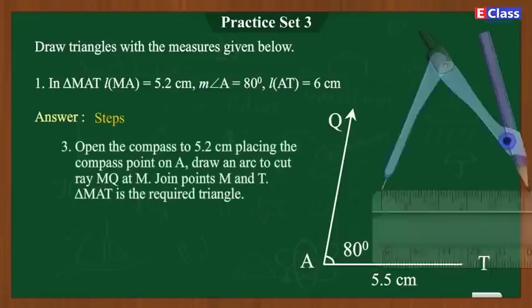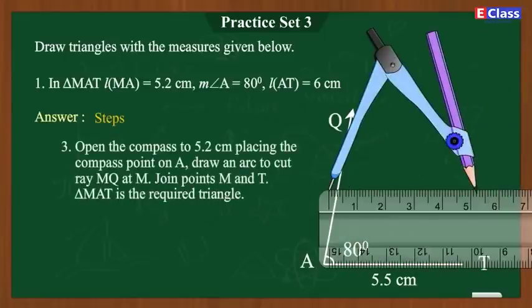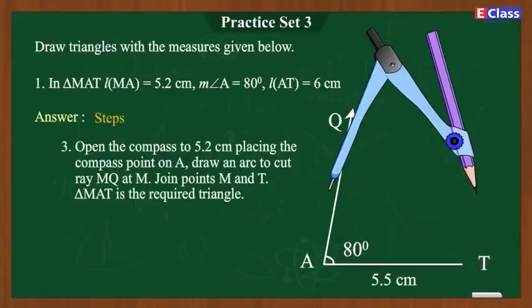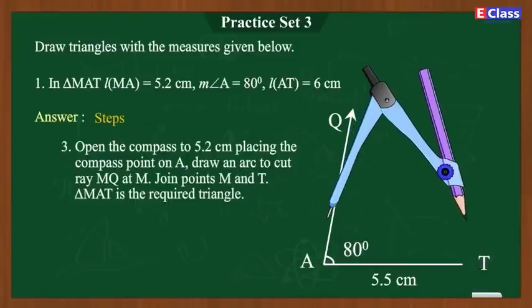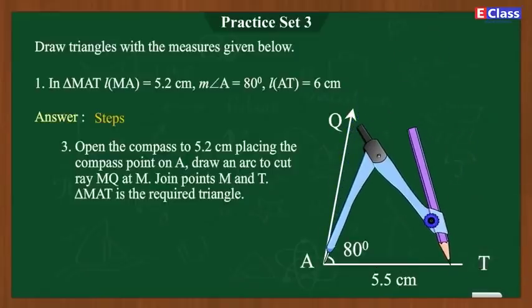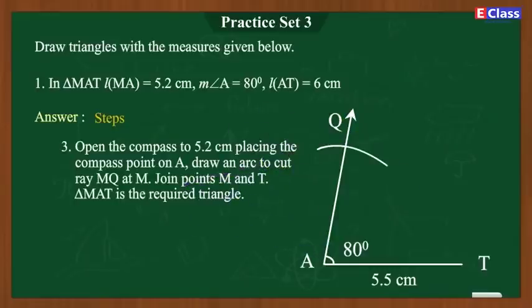Open the compass to 5.2 centimeters, placing the compass point on A. Draw an arc to cut ray AQ at M. Join points M and T. Triangle MAT is the required triangle.